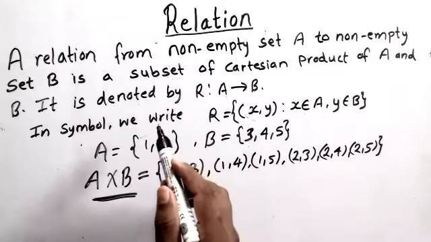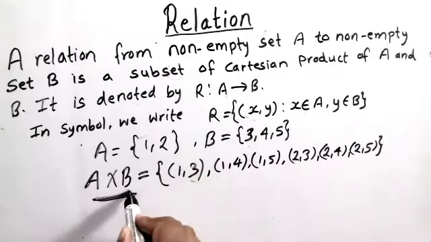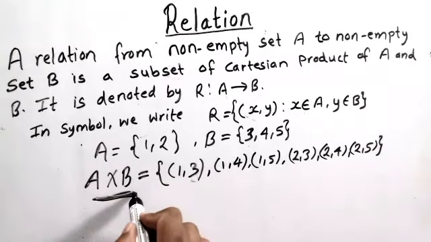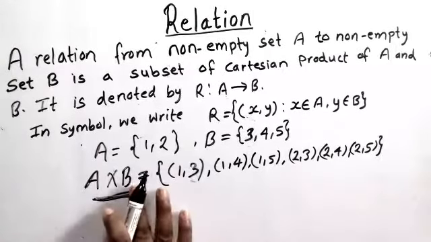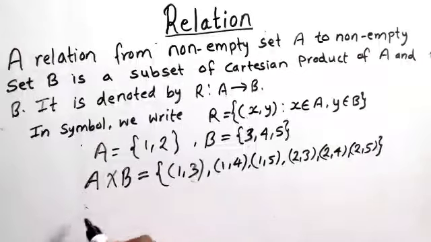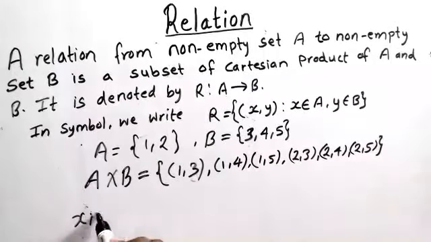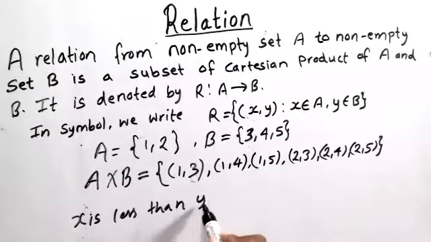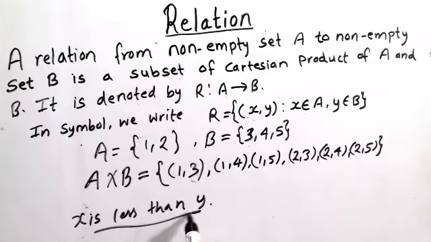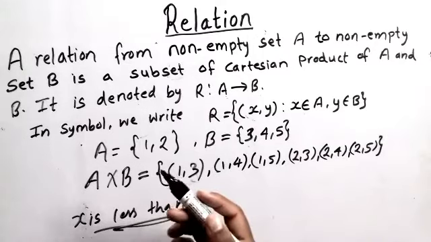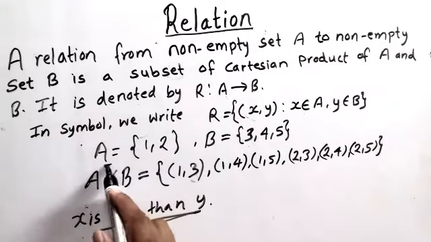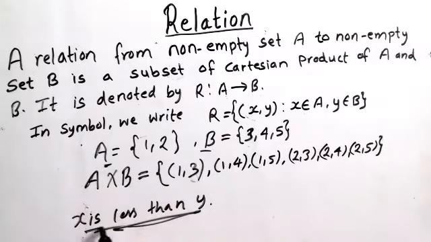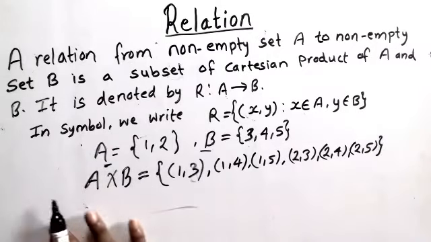This subset can be found from this Cartesian product under a condition. Now let us take one condition, that x is less than y. Under this condition we will form one subset, which will be a relation of A and B under the condition x is less than y.